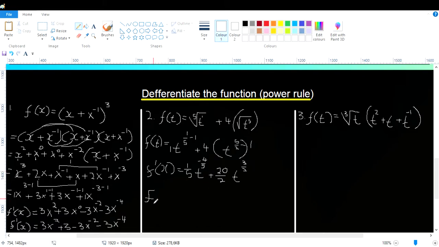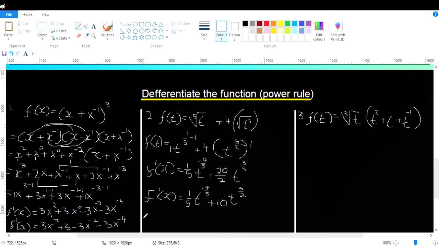Then let me just write the final answer here. This is 10 and t to the power 3 over 2.